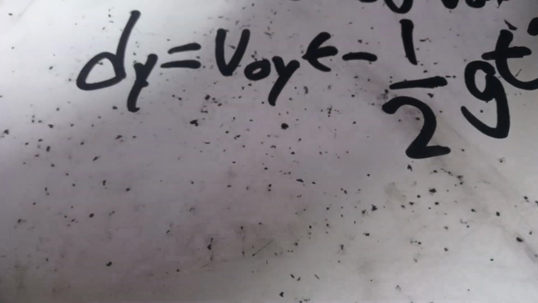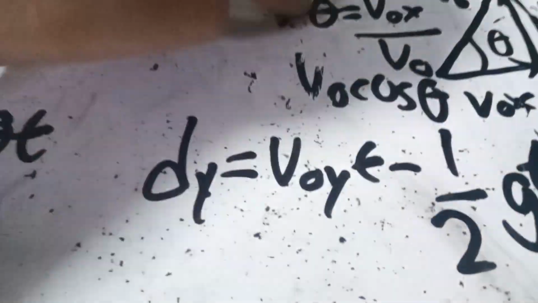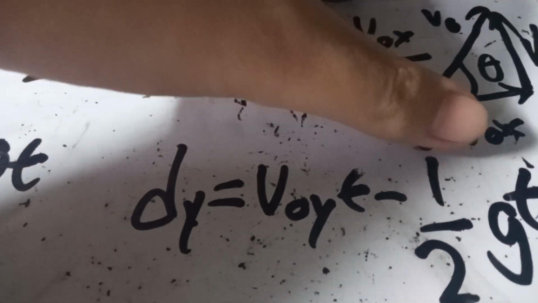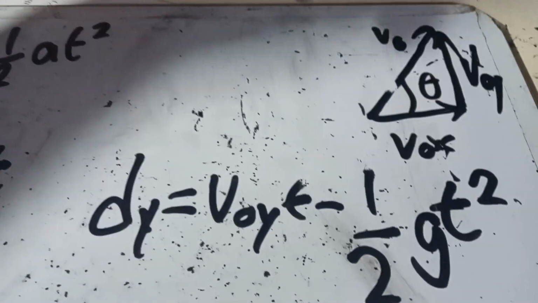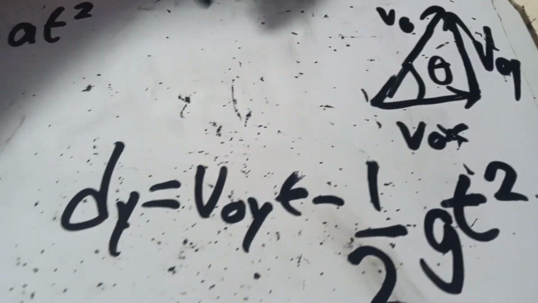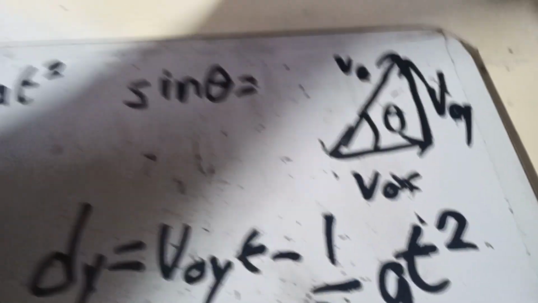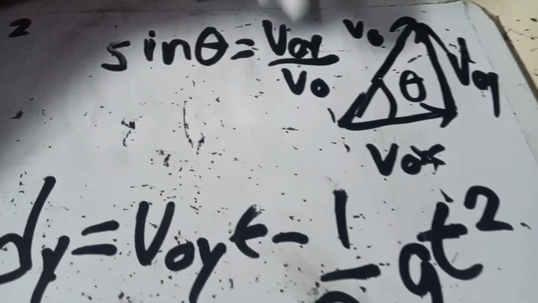Now, to simplify v0y, instead of cosine, we will now use sine, since we're dealing with y. So from the triangle, since we know that sine theta is opposite over hypotenuse, it's v0y over v0.